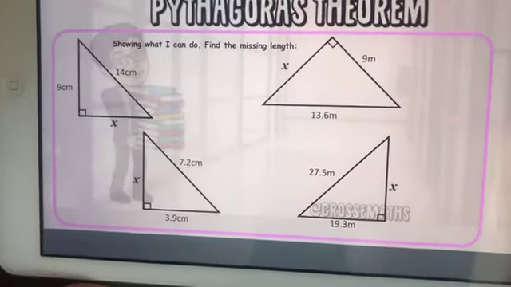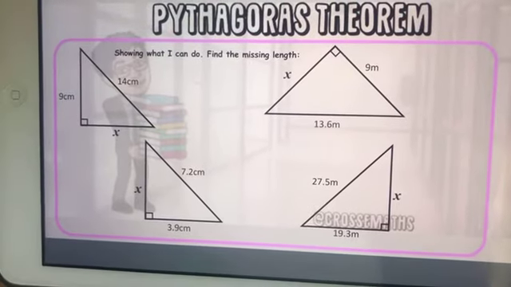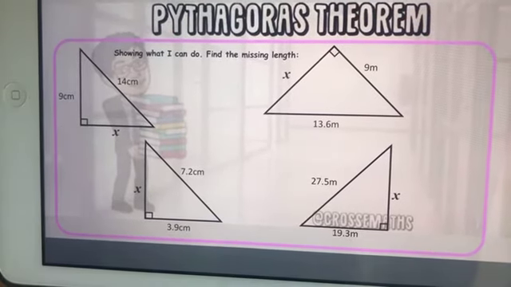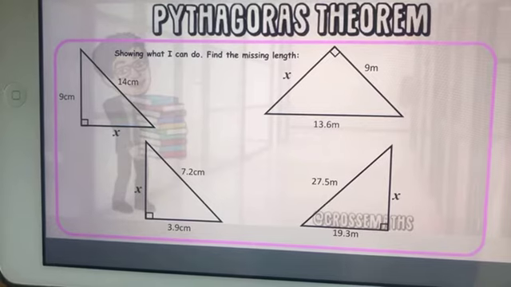Right guys, so a couple of ones where you're finding the short side, have a go at those for me. Remember, you can put it all in one line of working if you want to. Make sure you put the bigger number on the left if you are doing that. I'll give you 2 minutes. If you can get 2 of those done, I'll be really impressed.